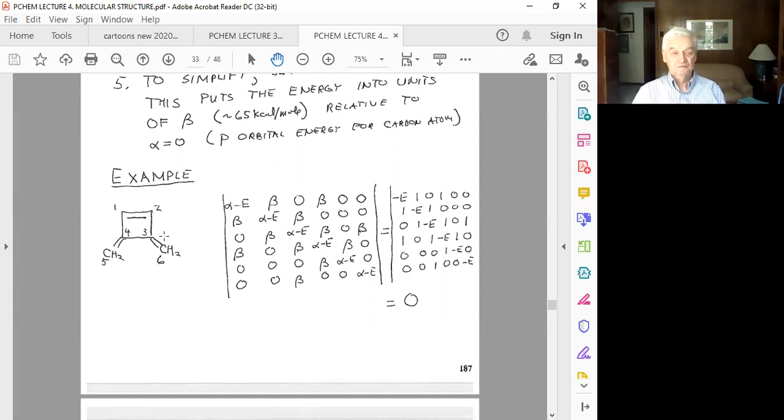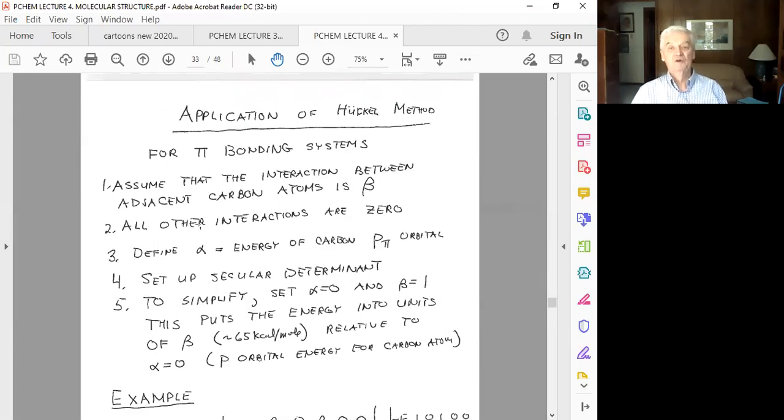So you may want to refer back to the first few pages of our discussion on bonding to see how we set up the variation method. We wound up with a secular determinant, simultaneous equations, and so on. But I'll be reminding you of all that later in the week. But here are the rules for the Hückel method.